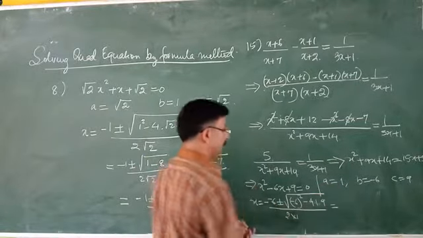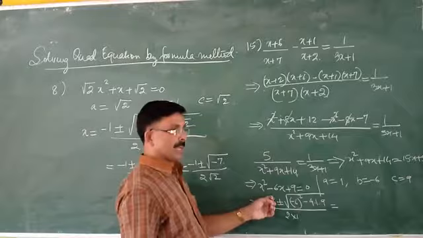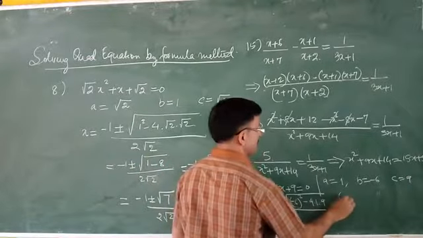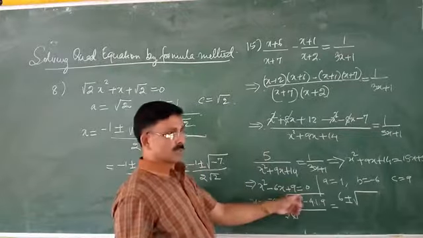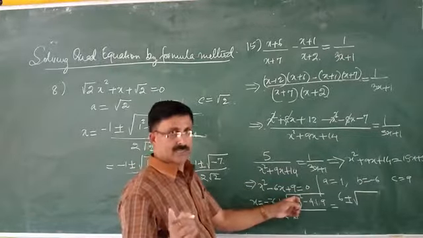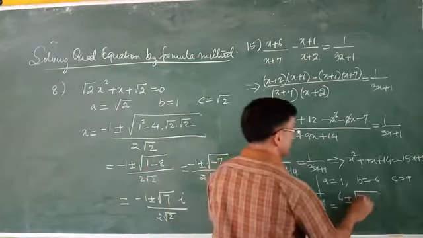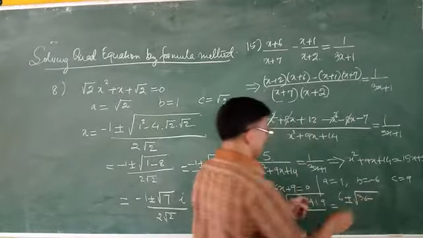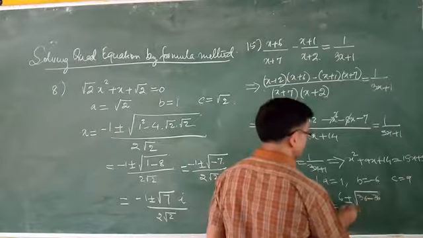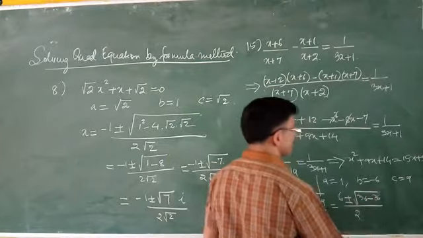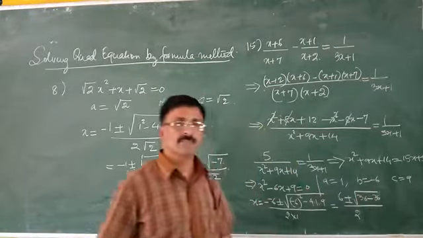Now minus minus is plus, so this becomes plus 6, plus minus root over minus 6 whole square is 36. Now minus 4 into 9 again 36.